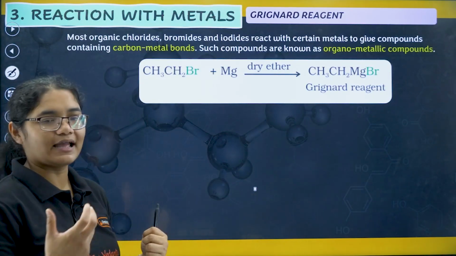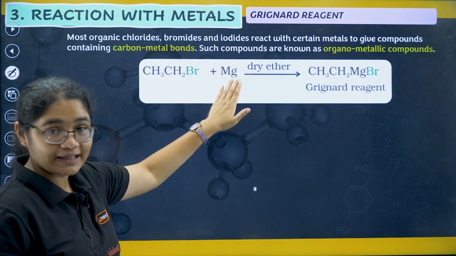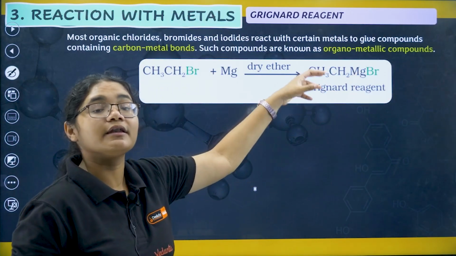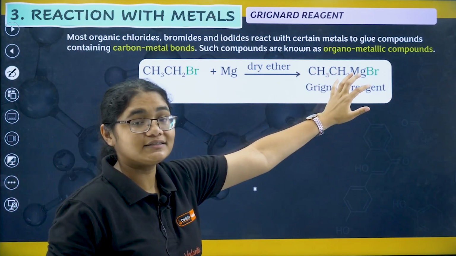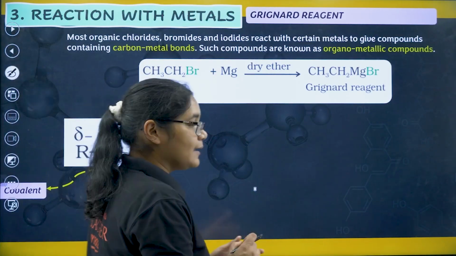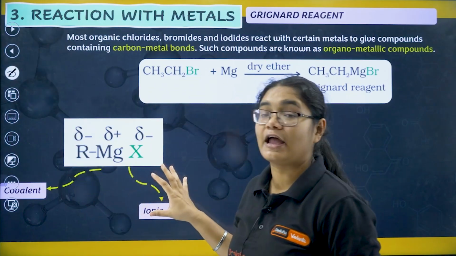The first one is the reaction with Grignard reagent. Whenever you take any haloalkane and react it with Mg, we get RMgBr. This is a Grignard reagent. In a Grignard reagent, the R-Mg bond is a covalent bond, whereas the Mg-X bond is an ionic bond.